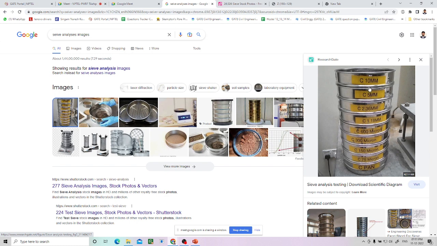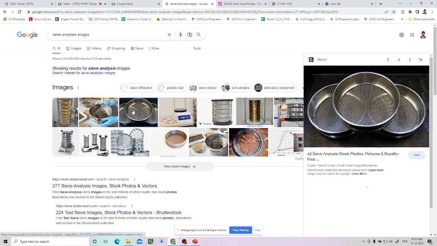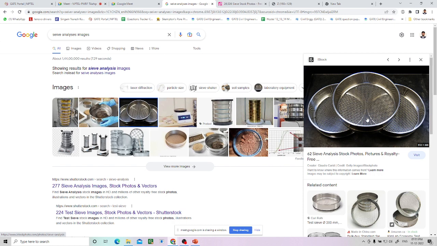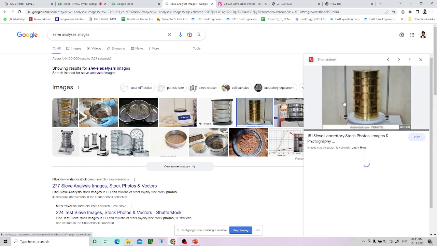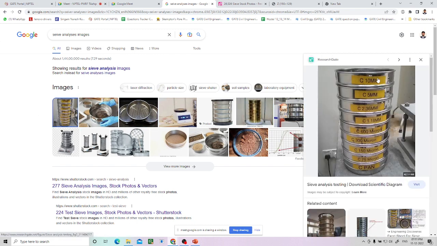Sieve size is nothing but the hole size; the diagonal size of the square shaped hole is called the size of the sieve. Here the size of the sieve is more, and as you go down, the size of the sieve gets less.